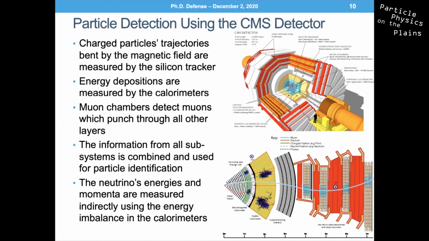This is how all the particles are detected, through different combinations of the subsystems. And then the neutrinos won't interact with the detector. Since we know this is happening in the center of mass frame, you can sum the momentum of all the objects in the event. If you've got an imbalance in momentum, then you can assume the vector along that imbalance is where a neutrino carried away some of the energy. In this indirect way, we can measure the energy carried away by neutrinos.